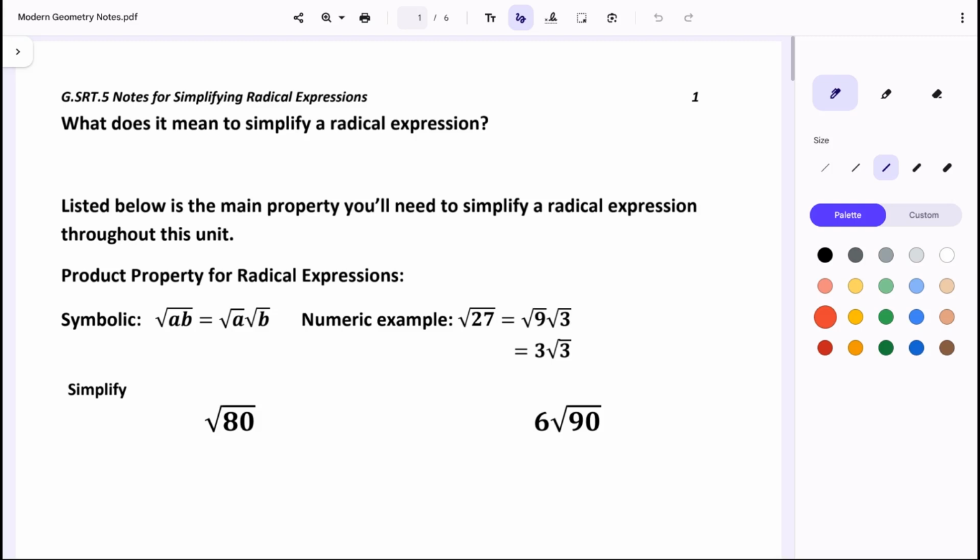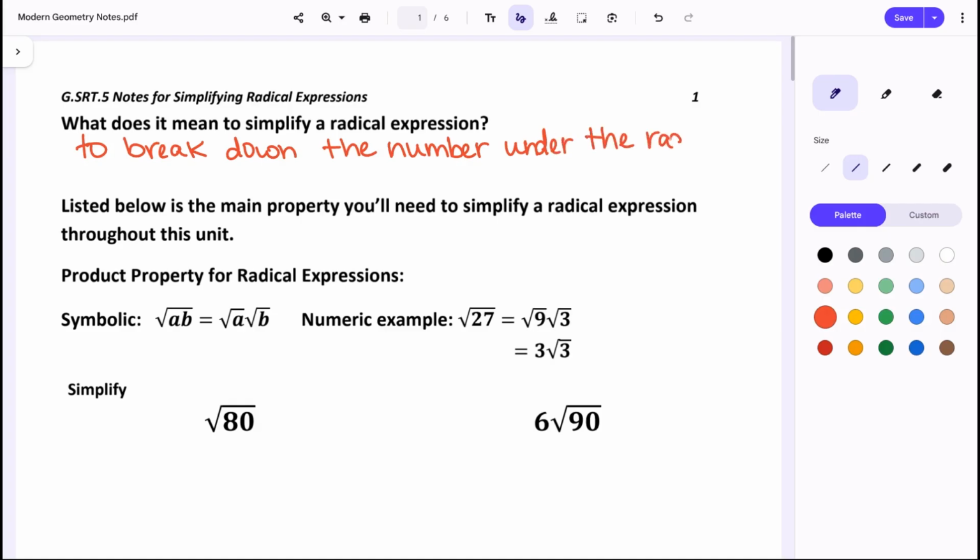When it asks this question up here, what does it mean to simplify a radical expression? They're asking, what does that mean to simplify a square root sign? This means that you are going to break down the number under the radical down to non-perfect squares.